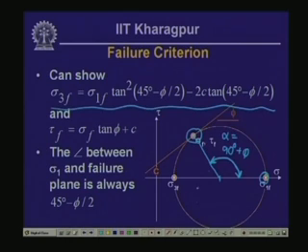So in this case 2 alpha is equal to 90 degree plus phi.